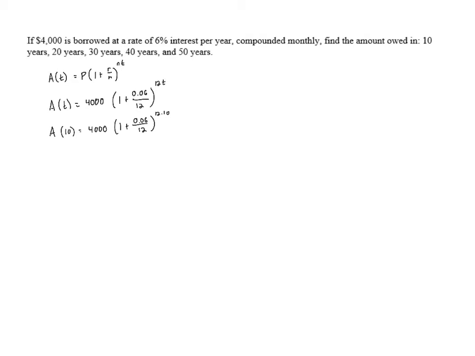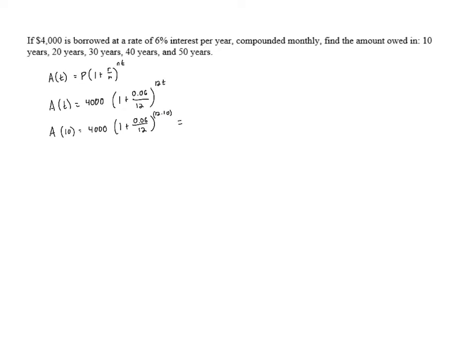You can do this on a scientific calculator, so long as you're plugging in everything correctly. You will need parentheses around the exponent so that this whole thing is raised to the product of 12 times 10, instead of raising it to the 12th power and then multiplying by 10.